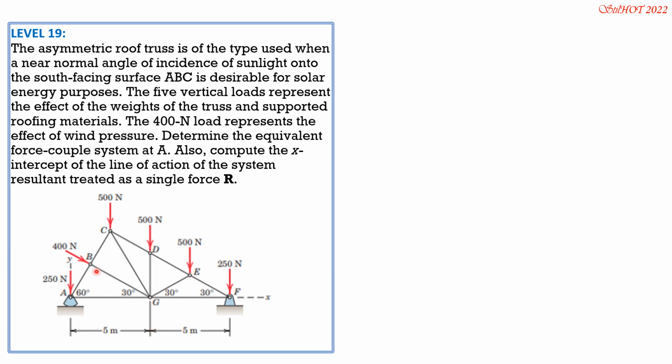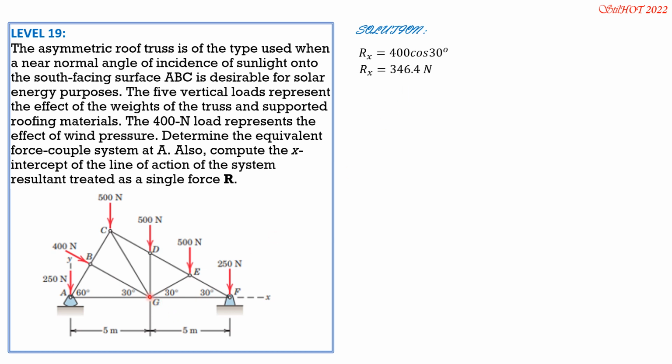For easy purposes, this 400 Newton force can also be moved along its line of action to G. So we can easily combine. Therefore, Rx is just 400 cosine of 30, so Rx is 346.4.